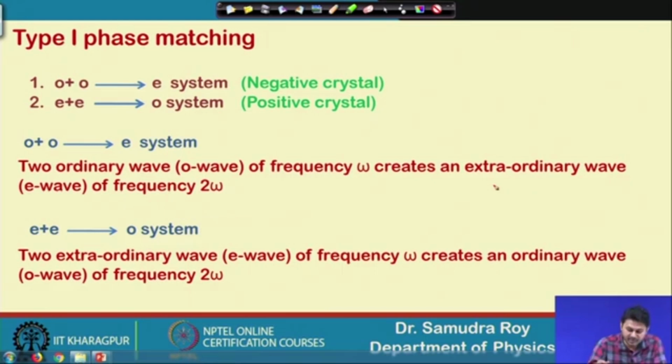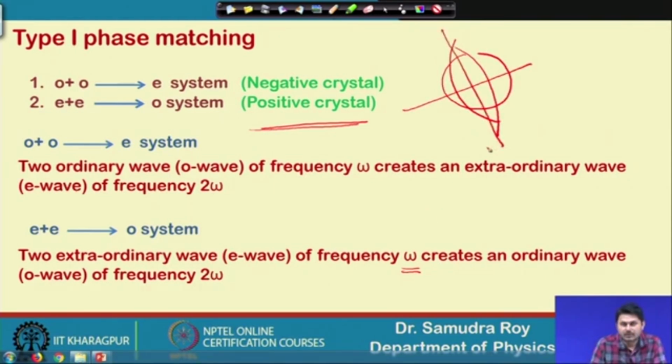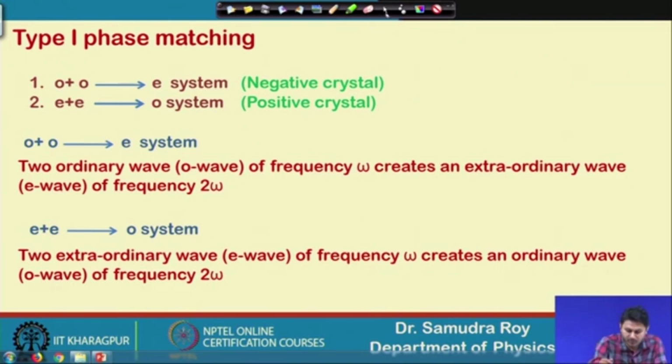Another structure is still possible, where in a positive crystal two extraordinary waves of omega can create an ordinary wave of 2 omega. In the previous case we have a structure like this, but another structure is still possible. The drawing is not proper, so maybe we can have this figure in the next slide.